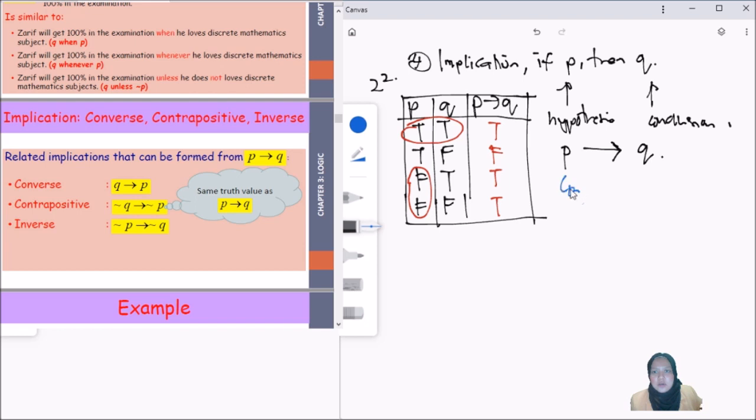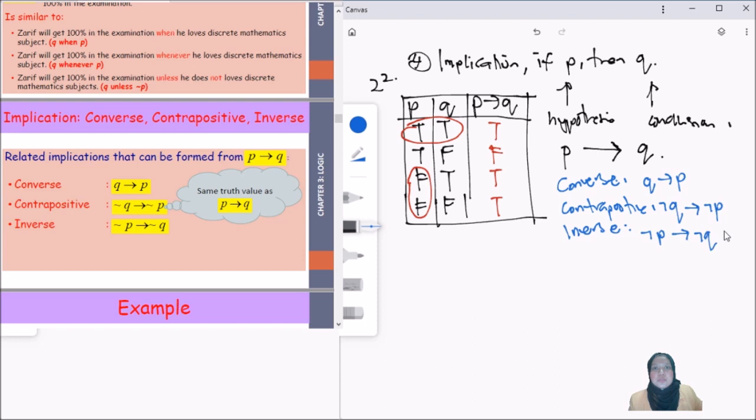If we converse this implication, the new implication is going to be Q implies P. If we contrapositive the implication, we will get not Q implies not P. And if we inverse the implication, we have not P implies not Q, right?